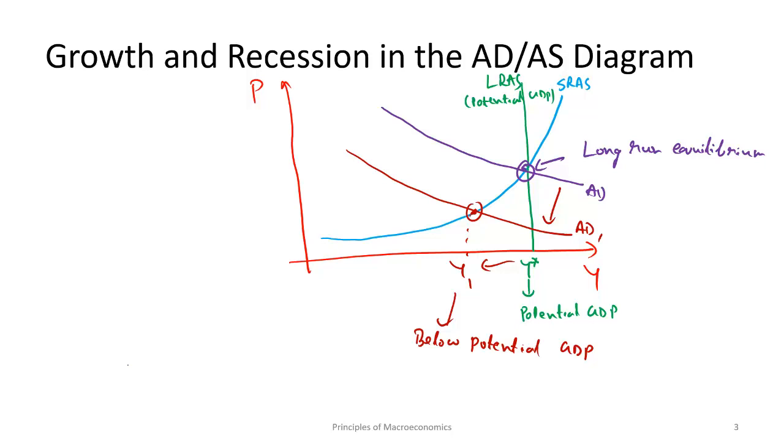On the other hand, suppose for some reason the government comes in and says, we want to spend money to help the economy. So the government can start spending money. The moment they start spending money, your aggregate demand curve will shift to the right. Let me show you this.